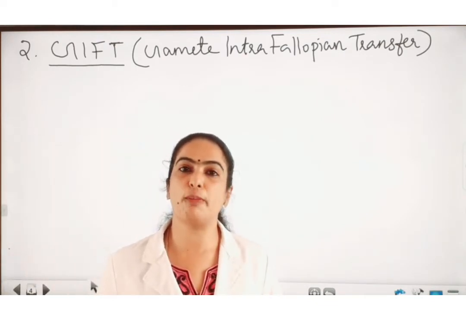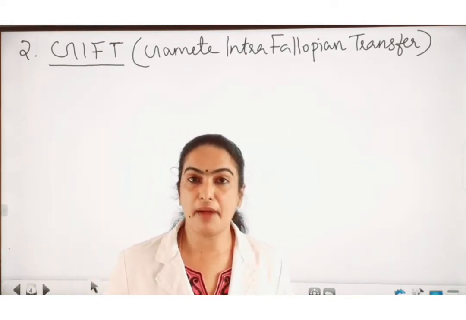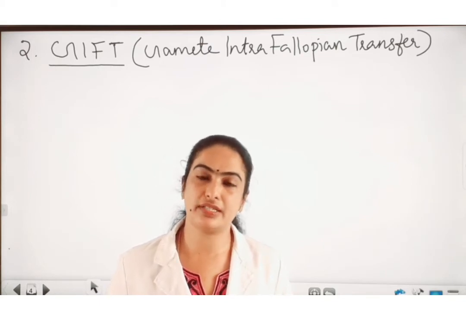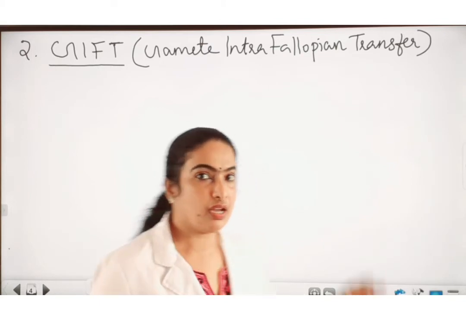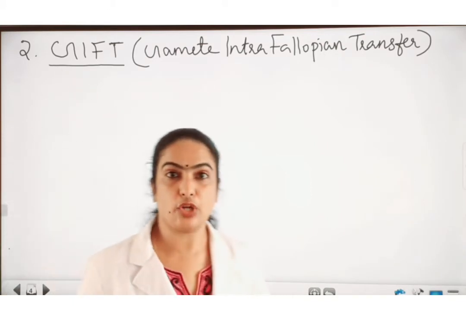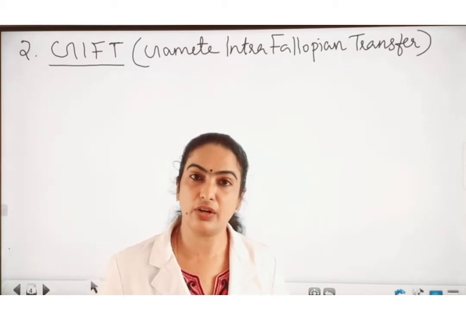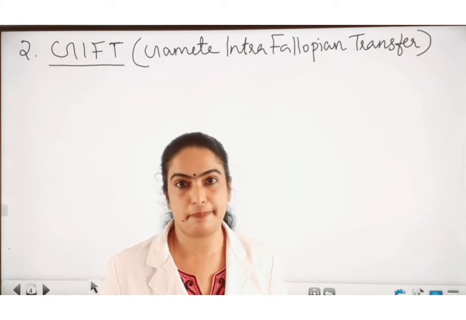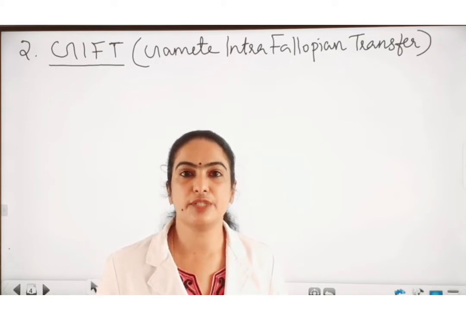Now we can see the second method, GIFT. What is the full form of GIFT? Gamete intra-fallopian transfer. From the name you can see gamete is transferring here, not zygote. If it is zygote transfer, it is called CIFT.